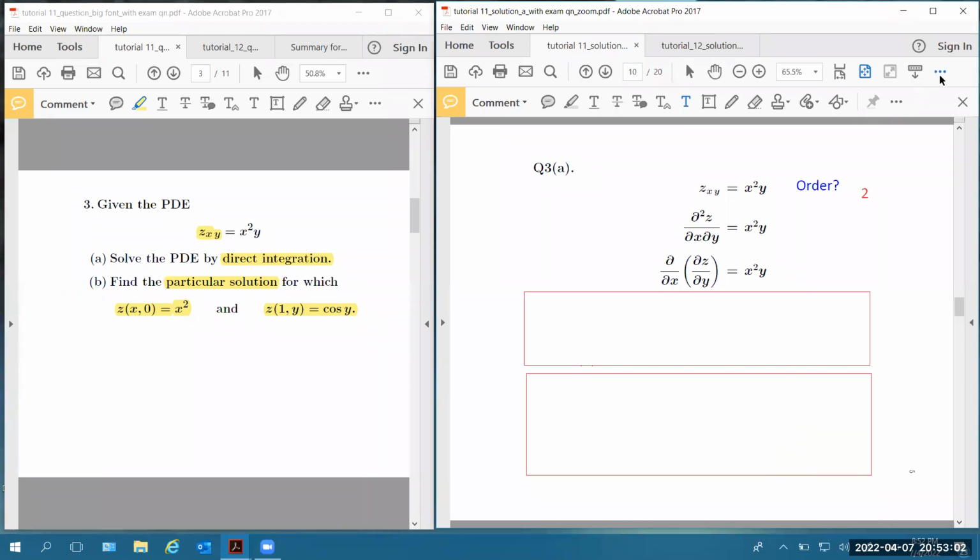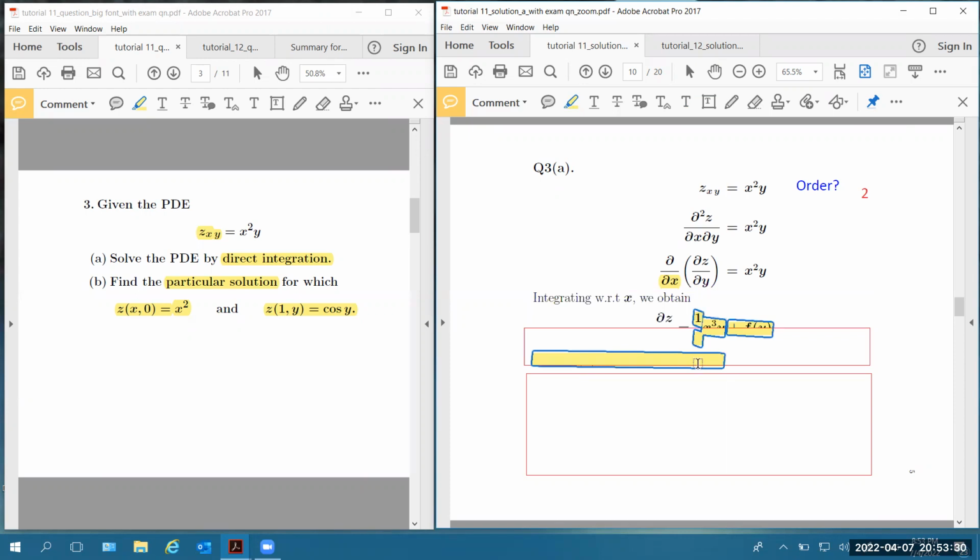Since I write del z over del y, then del x, the first thing I want to remove is this del x. Now that we have gone through question 1, you know that this one I bring here becomes dx, and then I integrate. That's what we call integrating with respect to x.